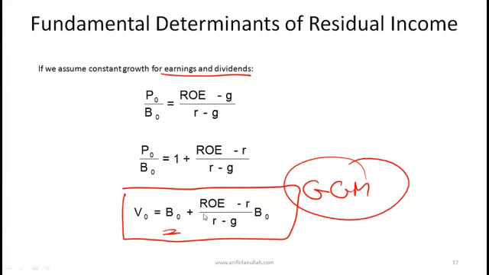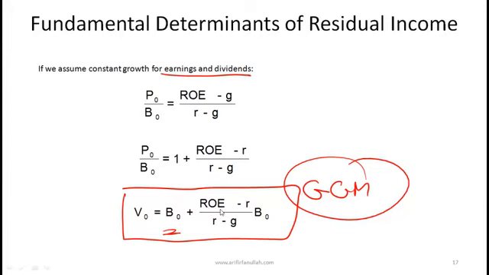You have to remember that it's always going to be ROE minus R, otherwise it would not make sense. The other way to remember this is, if these are equal, then the value is simply the same as book value, and the R minus G you can't forget, and it's all based on the initial book value.